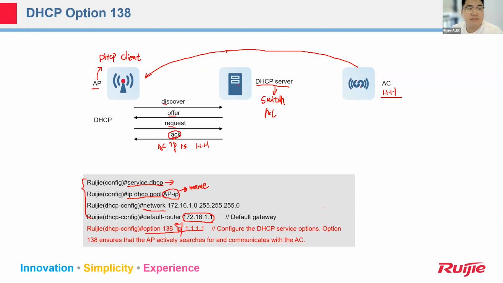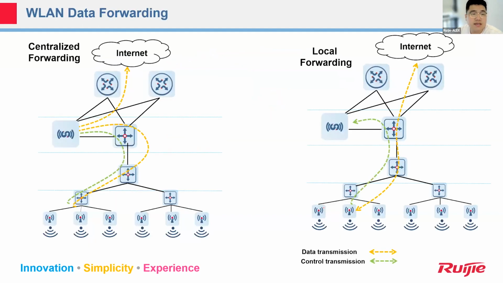Okay, so this is about DHCP option 138. You should know the function of it, and you should know the commands we use to configure it on the DHCP server. Okay, and next, here comes the WLAN data forwarding.